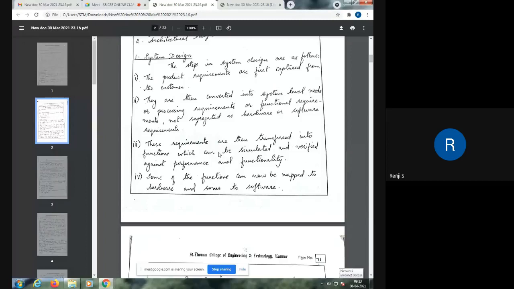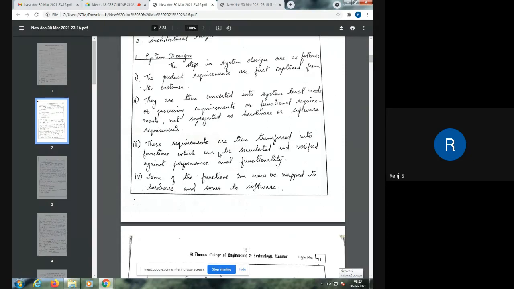So the product requirements, that is, the functionalities that should be implemented in the product, are first captured from the customer. The developers will discuss with the customer and collect all the product requirements. So embedded product requirements means the functionalities that should be implemented in the system.